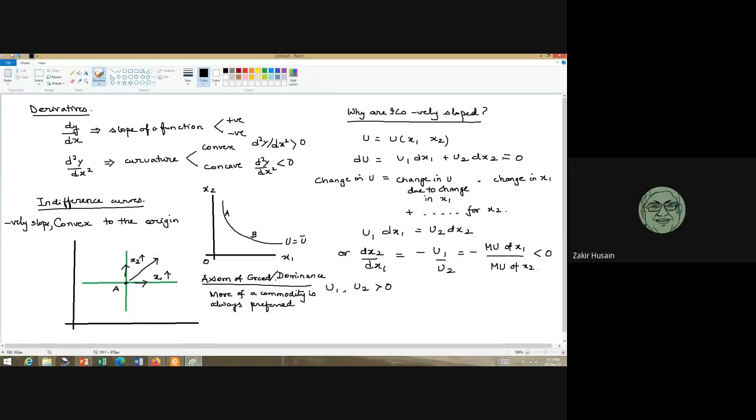And if I'm in this zone, both x1 and x2 have increased. So all these points are better off points. What about this zone, what we call the southwest quadrant? These are not preferred. These are worse off.